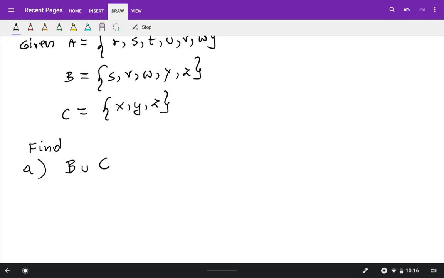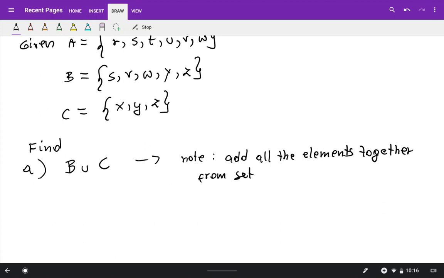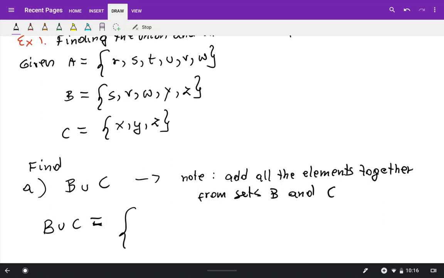Again, I'm asking you to find the union. Union stands for addition, note. So we're going to add all the elements together from sets B and C. This is how you write B union C equals. I'm going to list all the elements which belong to set B and all the elements which belong to set C together. If they are repeating, you don't list them twice.